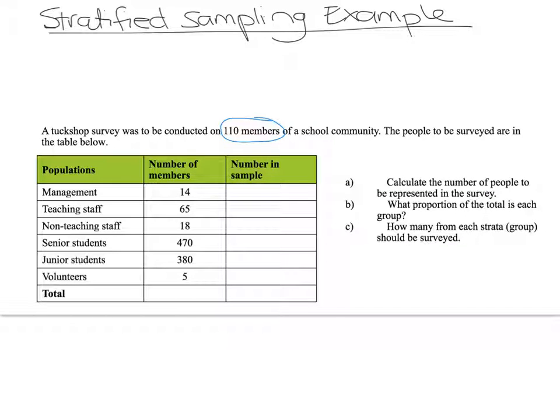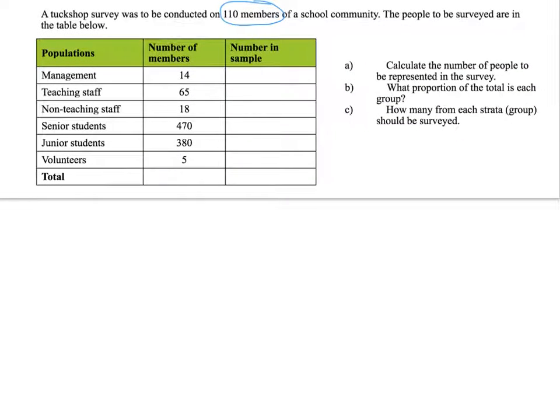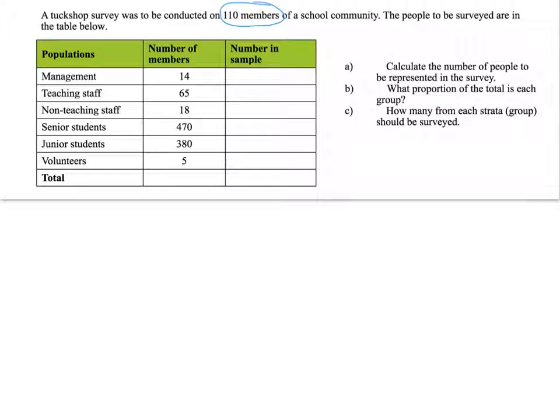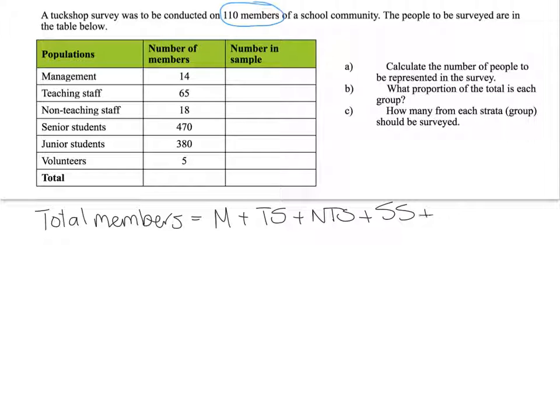Okay, so calculate the number of people to be represented in the survey. What we need to do is add up all of those. So let's just move this whole thing up a bit so I have some room. Our total members for our population is going to be management, I'm just going to shorten them, otherwise I won't fit them in. Teaching staff, non-teaching staff, senior students, junior students, and volunteers.